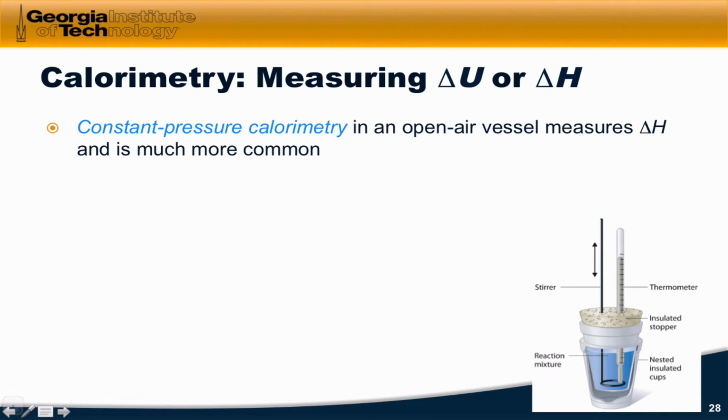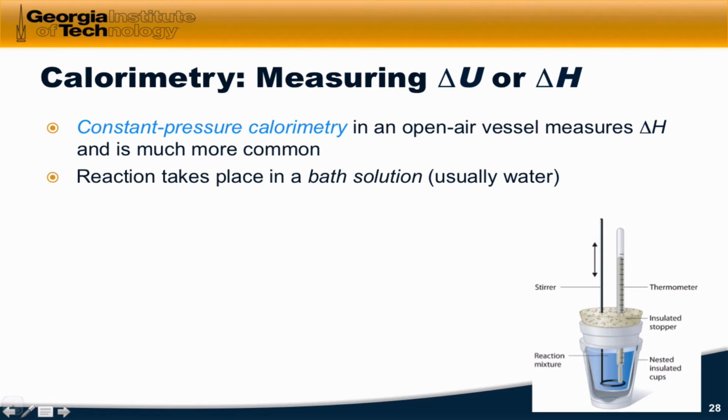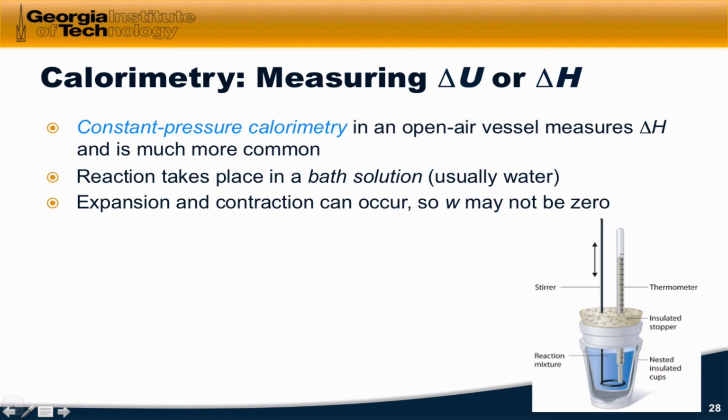Constant pressure calorimetry is actually much more common, and this is an experiment that you'll do in Chem 1211 or 1310. For constant pressure calorimetry, we run the reaction not in a rigid constant volume vessel, but in an open air vessel to measure delta H rather than delta U. The reaction takes place in a bath solution, which is usually water, and since expansion and contraction can occur, W may not be zero.